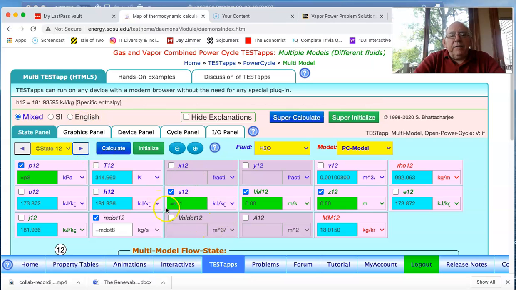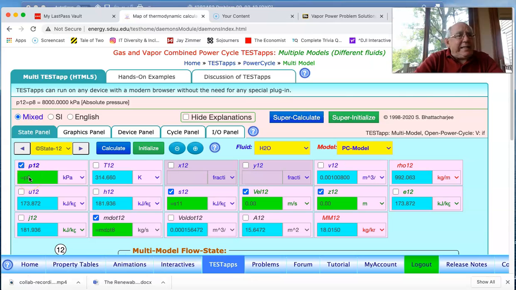We then have it go through the pump, and we see that the pump has an isentropic work going back up to P8, and that value here corresponds to a certain enthalpy.